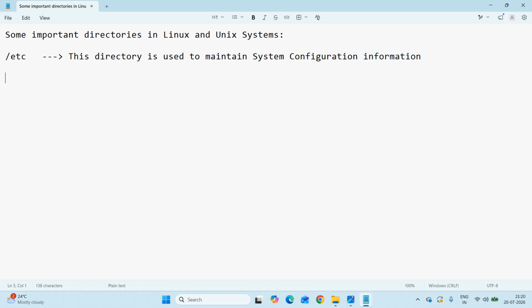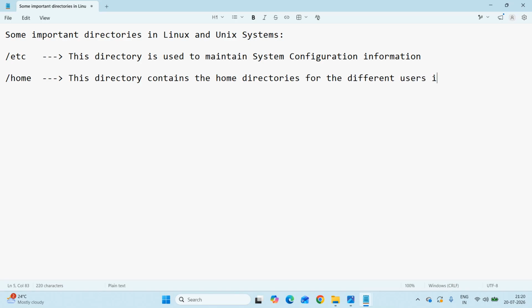And then what about the next one, people, here, /home. I'll write a little slowly. Forward slash, this is for the root directory. The root directory has a subdirectory with the name home, and this directory contains the home directories for the different users in the system.